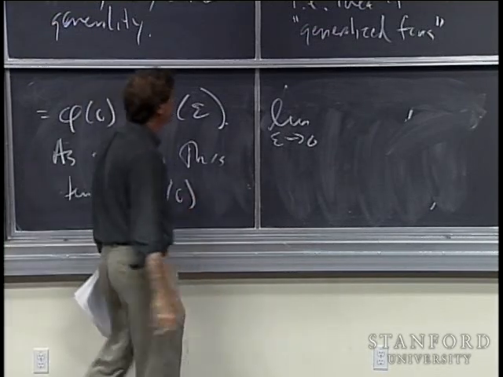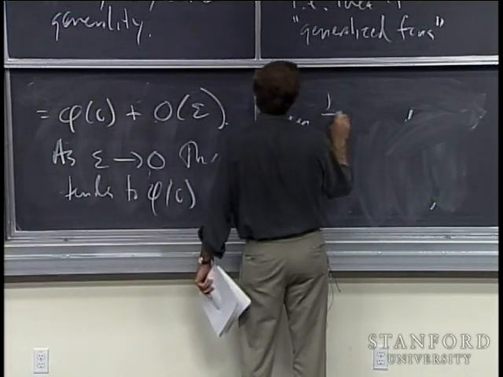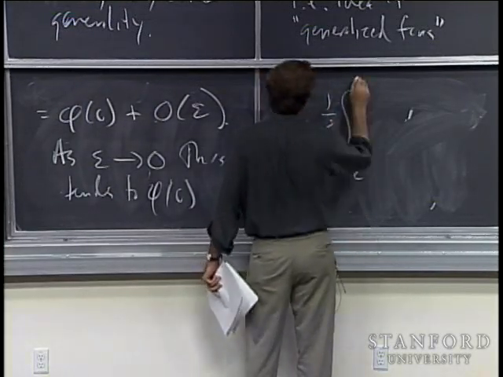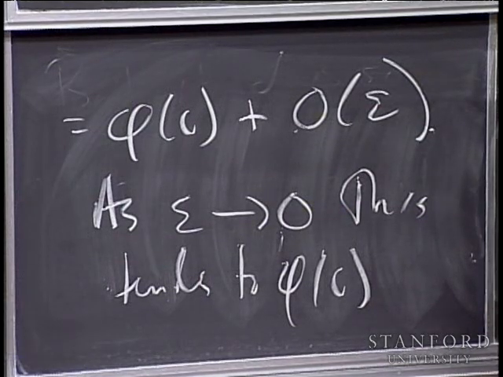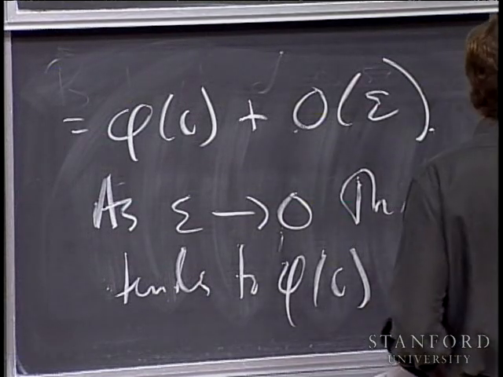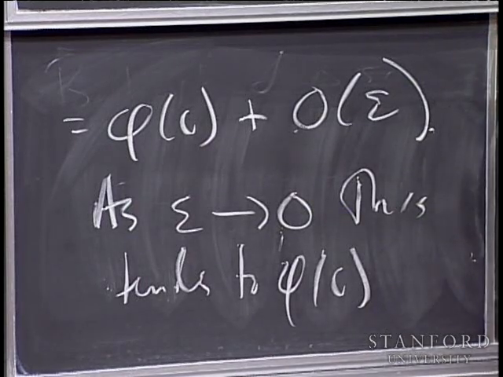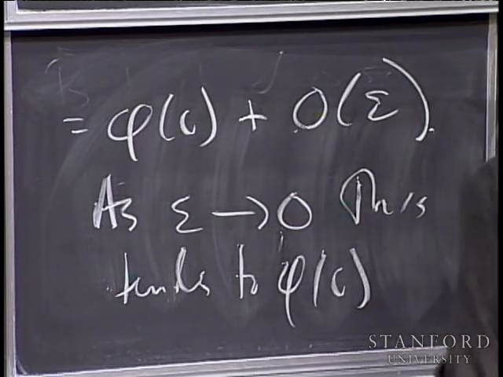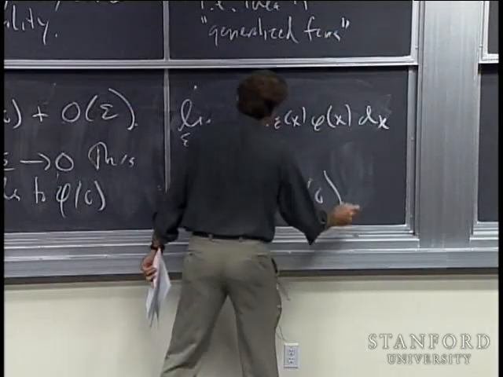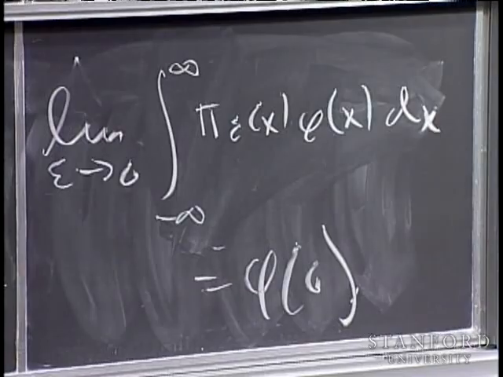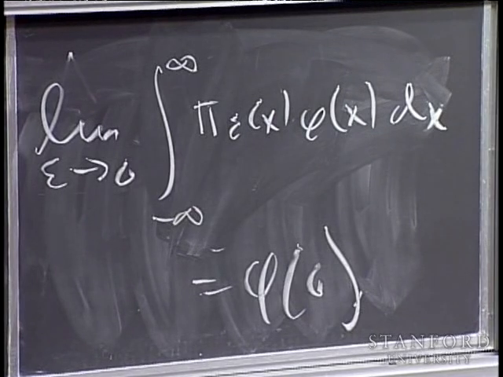That is to say, let me write the whole thing down here. The integral from minus infinity to infinity of pi epsilon of x, phi of x dx, that's the integral that I just computed, is equal to phi of 0. All right, that's what's meant by concentration via a limiting process.